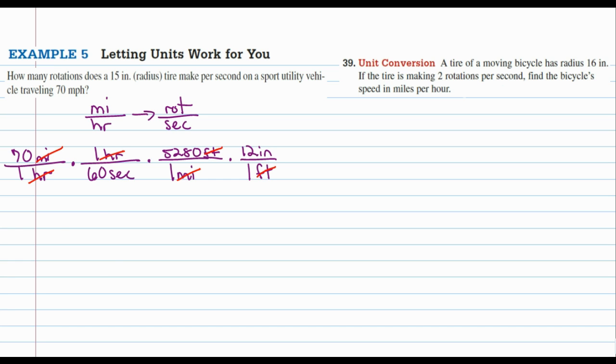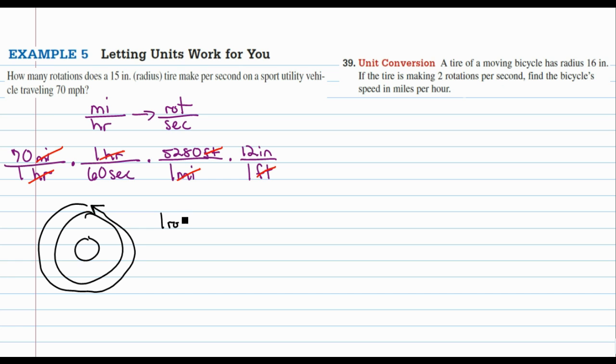Here's the thing about a tire. Here's my tire. When it rotates once, the circumference of the tire goes along the ground. So 1 rotation is 1 circumference. The circumference of a circle is 2 pi r, measured in inches.